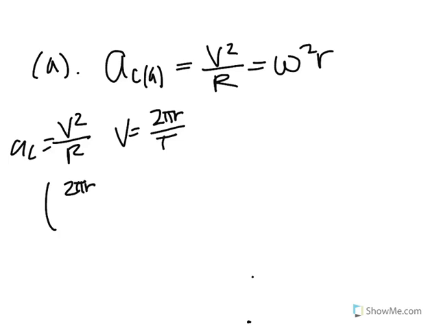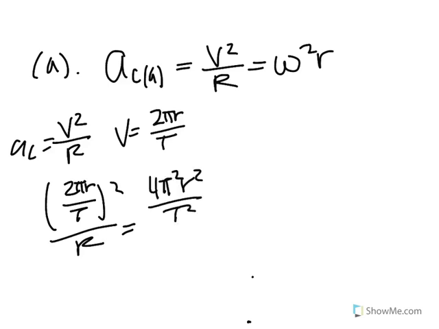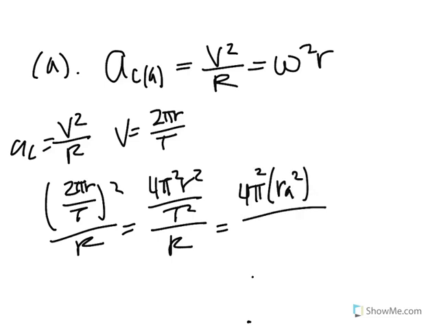So (2 pi r over T) squared divided by r should give you 4 pi squared r squared over T squared over r. If we plug in our wanted terms, it would be 4 pi squared multiplied by RA squared divided by T squared, divided by RA.